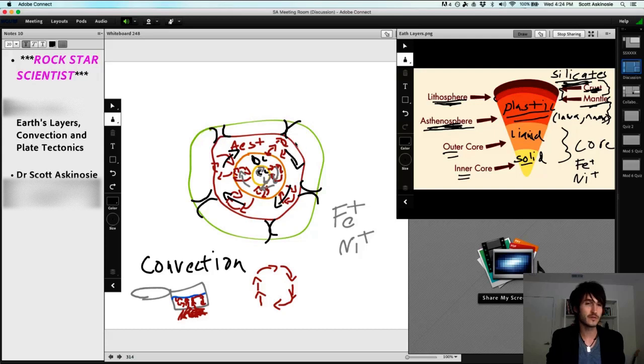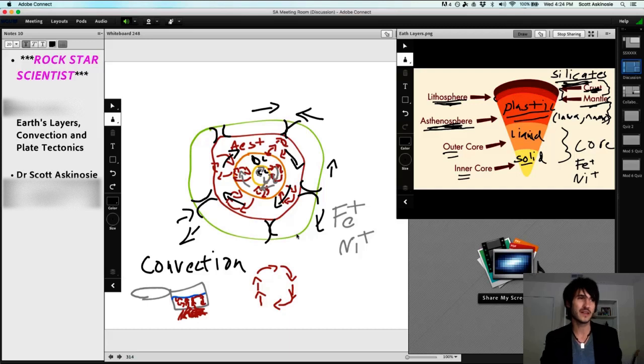So as this magma flows, it causes these plates to crash into each other, or to slide away from each other, or in some instances to slide past one another. So the convection currents within the asthenosphere, within the liquid portion, this flowing of magma is what causes plate tectonics. This is why the plates are always moving around, because they're floating on this river of magma.